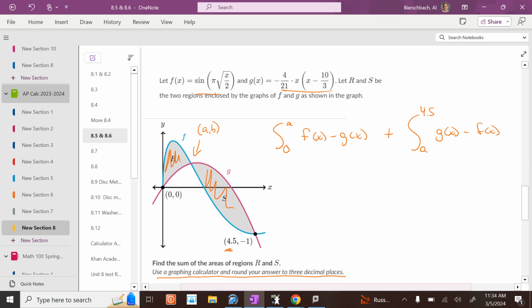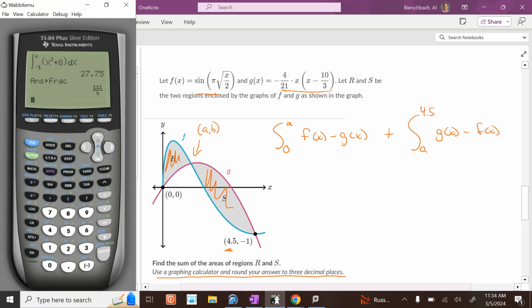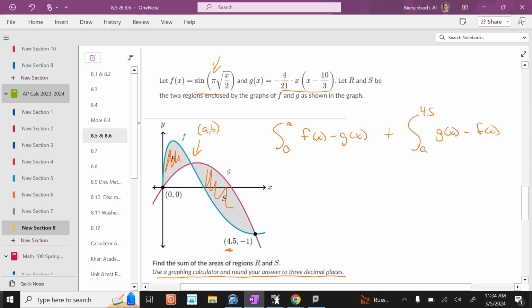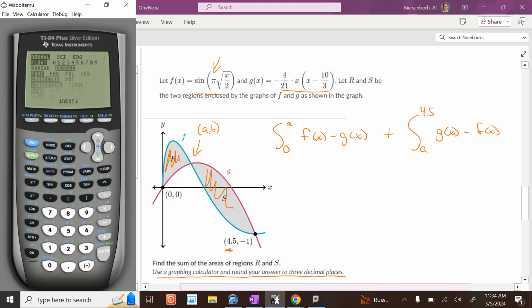Where do they cross? So we grab our graphing calculator and graph them both. So you go y equals under the first one, and then because there's a pi in there, we know we're in radian mode, not degree mode. So make sure you throw it into radian mode here.